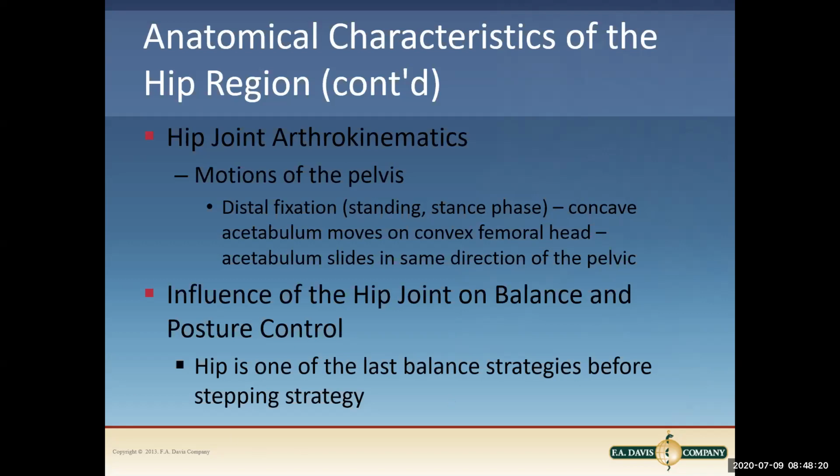The hip's also the last area that can absorb shock before that shock goes into your spine. So if you have problems with the structures and the function of the hip, you're more than likely going to have some back problems, just because the structure and function of the hip is to absorb the impact and shock from the back.